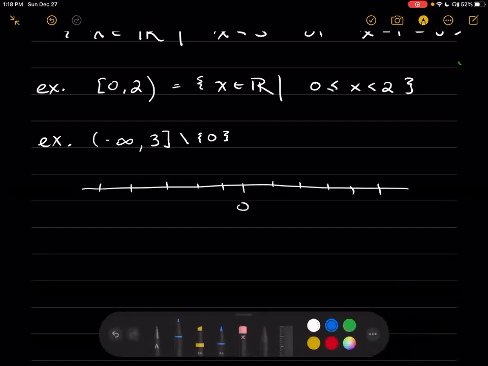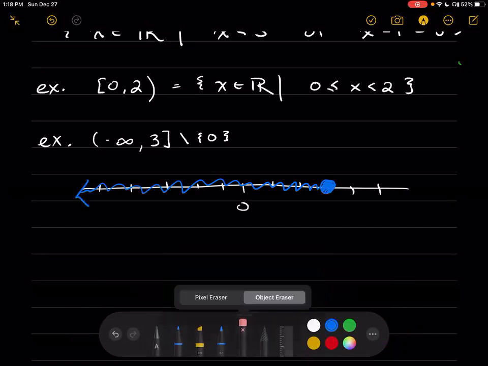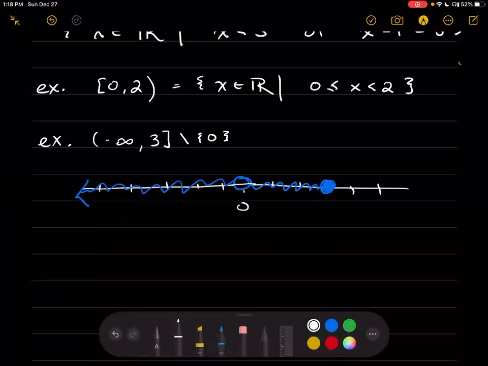We've got a starting point at 3, filled in because it's a bracket, and then everything less than it. And then we're taking away 0, so there's going to be a hole at 0. So this is what the set looks like: a hole at 0, but then it's 3 and everything smaller than it.